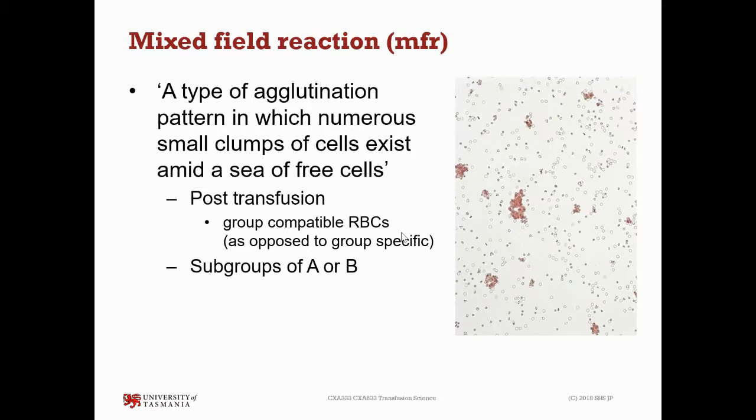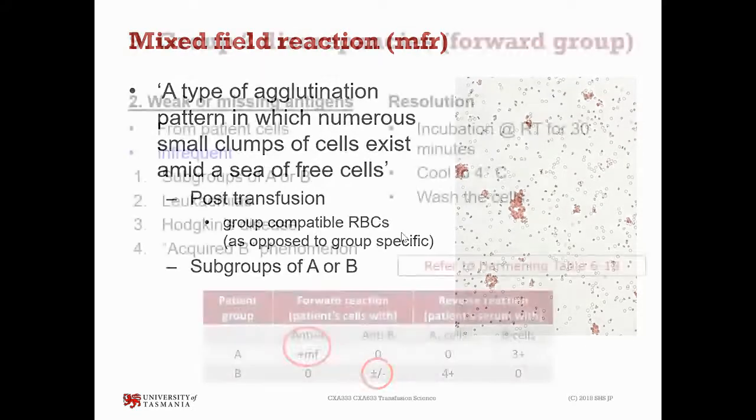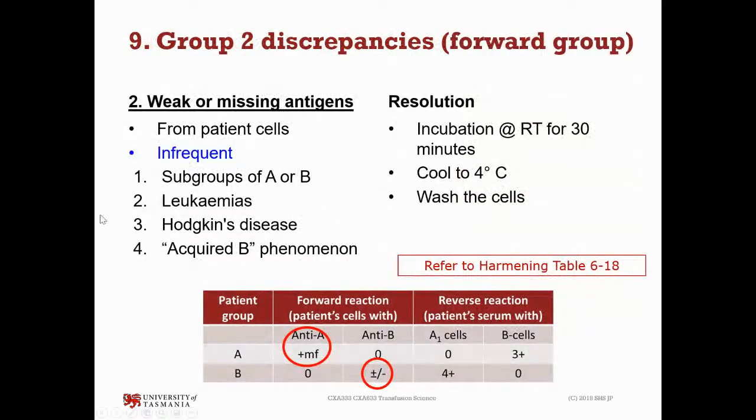You have to have a lot of cells for this to happen, but sometimes that does. Sometimes a patient may be transfused with 10, 15, 20 packs of red blood cells, and they may be given other solutions as well. So their own blood group can be quite diluted. So that's what a mixed field reaction is.